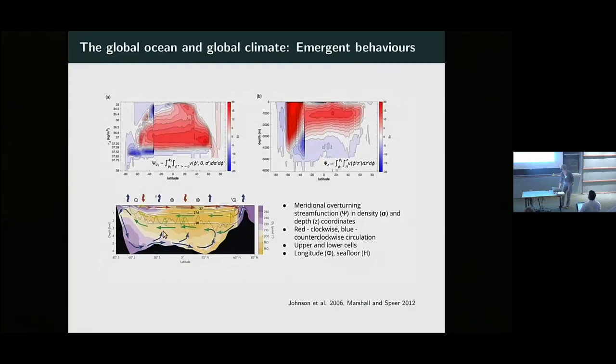This is described in terms of density, so we have density bins here and latitude along the x-axis. The red areas here connote a clockwise circulation, and the blue ones are counterclockwise circulation. And similarly for depth space here. This is the South Pole and the North Pole up here.